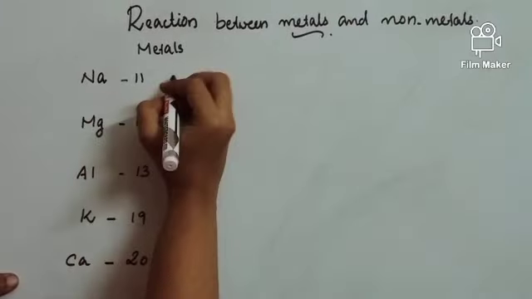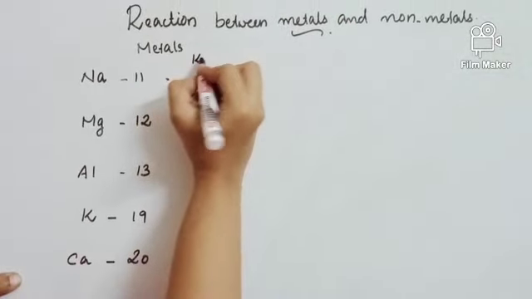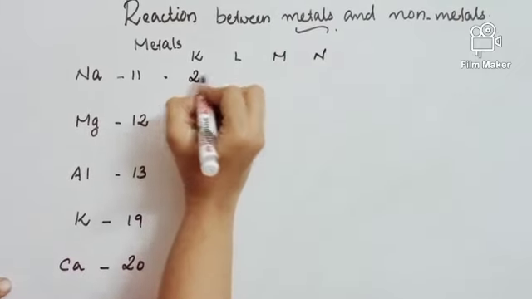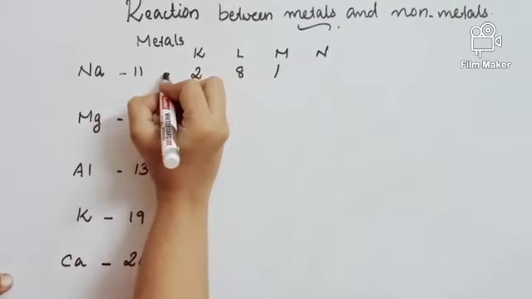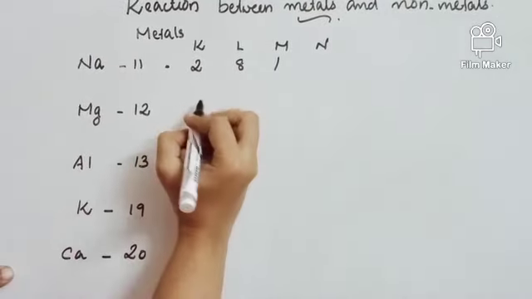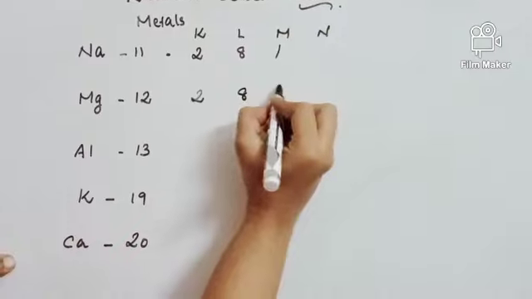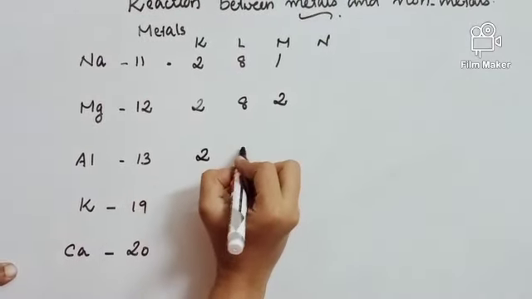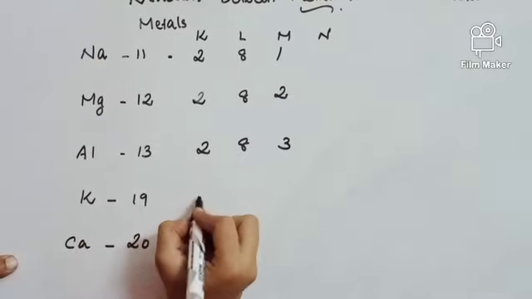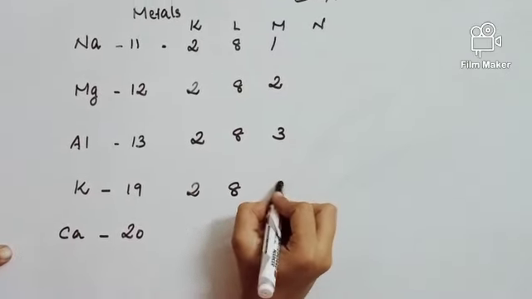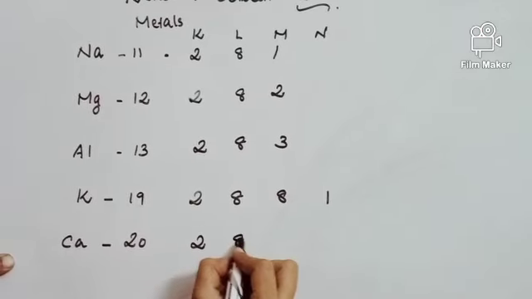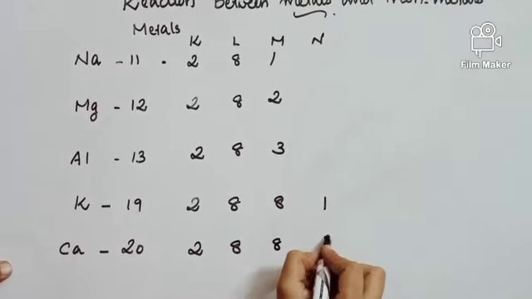Sodium's atomic number is 11, so the electronic configuration is 2, 8, 1; 8 plus 2 is 10, plus 1 is 11. Magnesium 2, 8, 2. Aluminium 2, 8, 3. Potassium 19: 2, 8, 8, 1. Calcium 20: 2, 8, 8, 2.